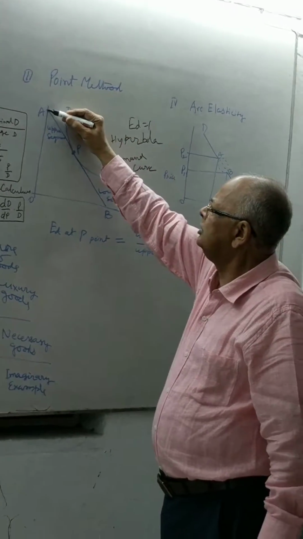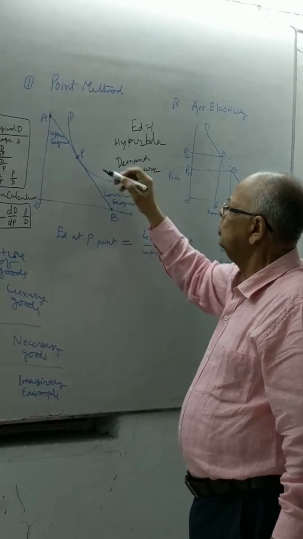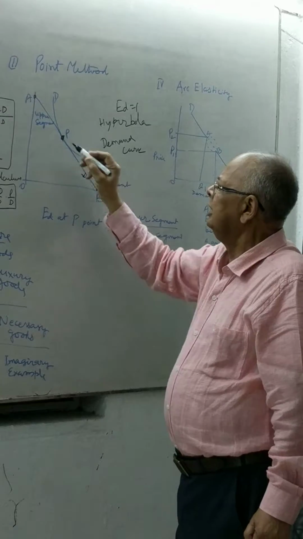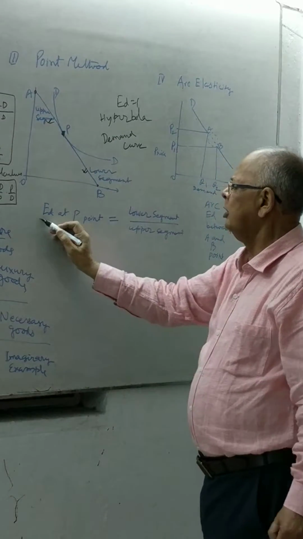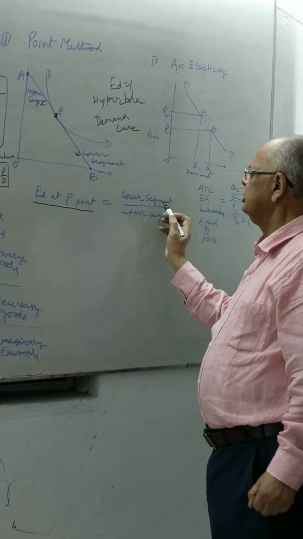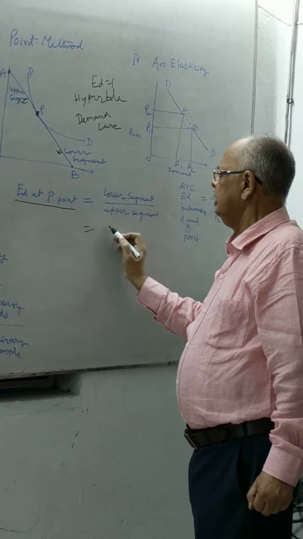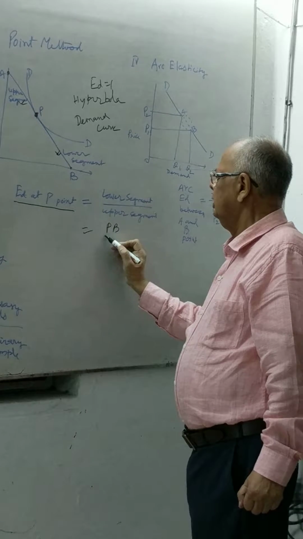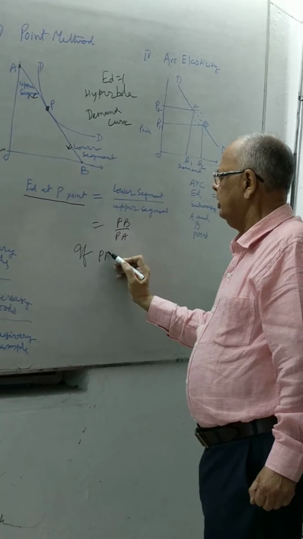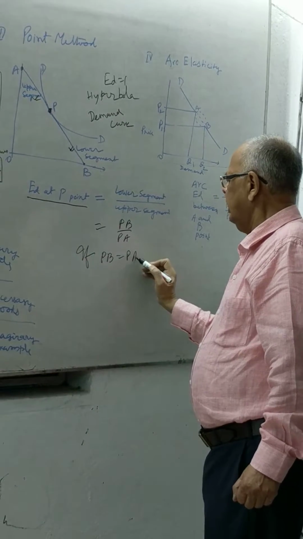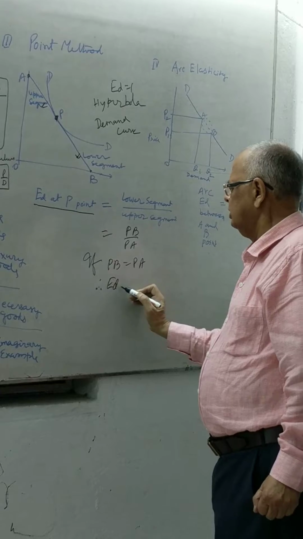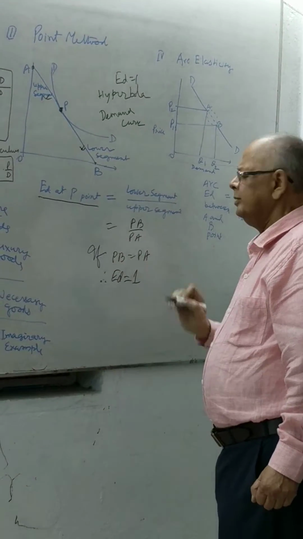We draw a straight line from A to B, which is tangent at P. This is the lower segment, this is the upper segment, and the formula for elasticity of demand at P will be equal to lower segment by upper segment. It means PB by PA. And if PB is equal to PA, then elasticity of demand will be equal to 1.